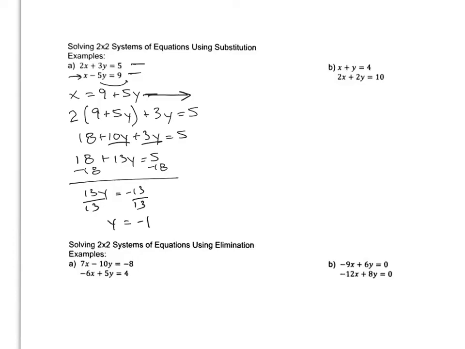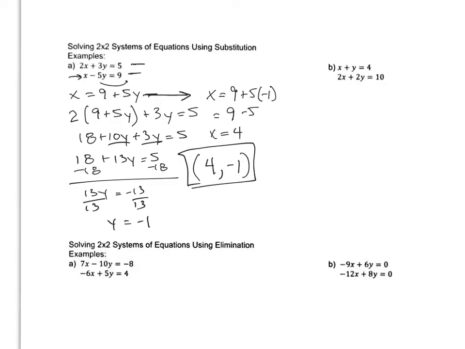With my substitution, I'm going to use parentheses. So we have x equals 9 plus 5. The y comes out. You put in the negative 1. So this is 9 minus 5. So we get x equals 4. Please write the answer as a point, x, comma, y. Now you do not have to classify that, but that is the answer to the problem.